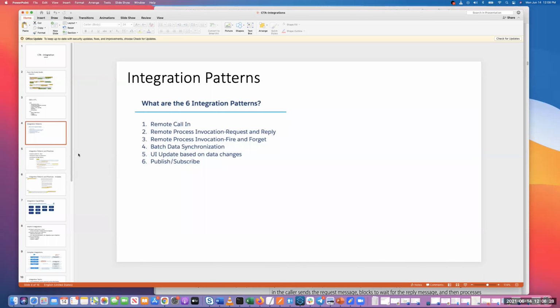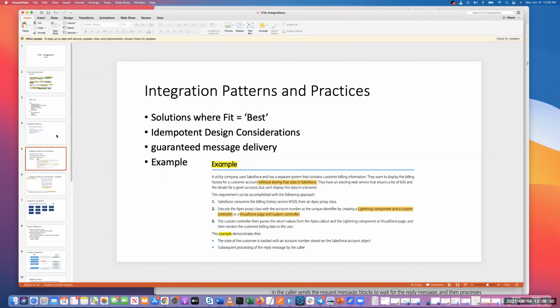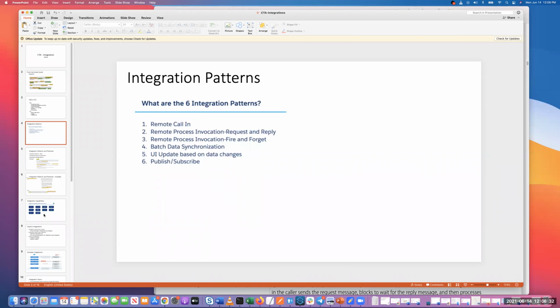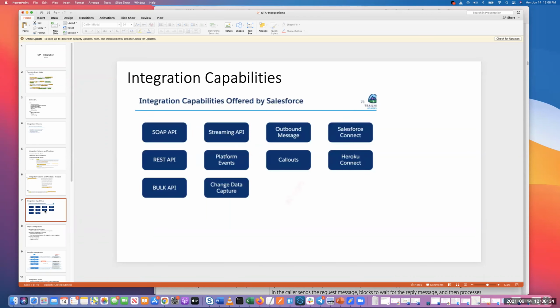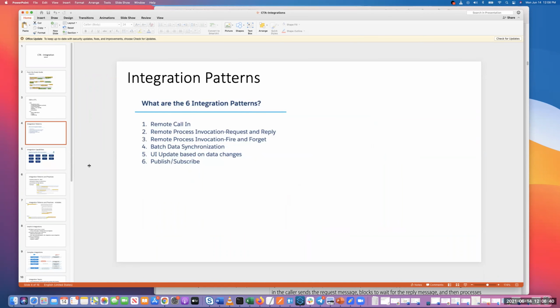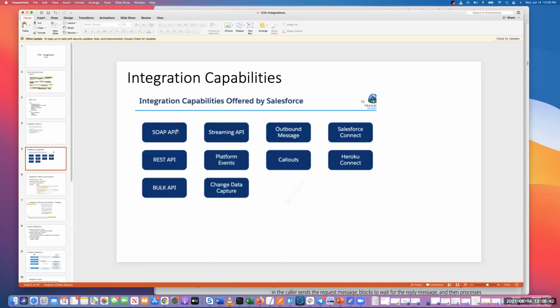Next, you should know all these things by heart. The other one is on the capabilities. This is also important that you highlight: the integration pattern and the capabilities, whether it's a REST API, platform event, and so on.